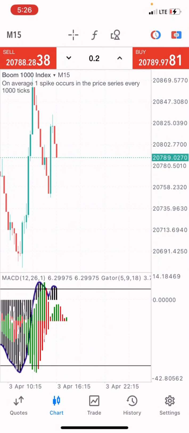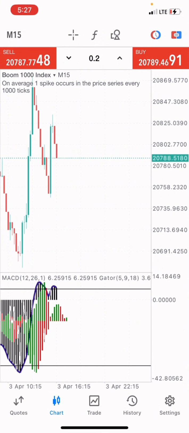The next indicator will be the MACD. The MACD will tell us when price has come to these safe zones that the stochastic oscillator has defined for us. And then we are going to be using the Gator oscillator indicator, which is going to tell us when exactly to execute the trade.